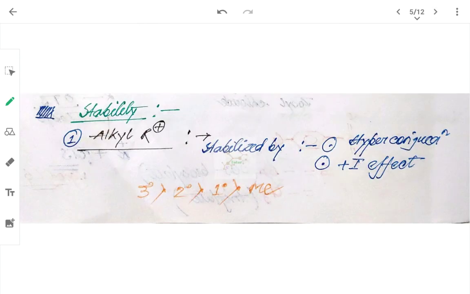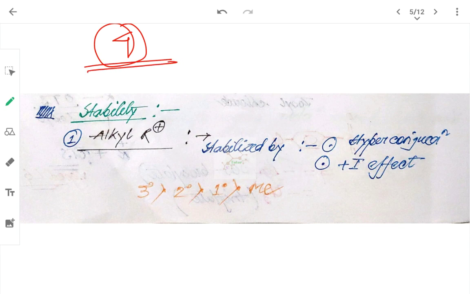Now, the stability of the carbocation. The stability of the carbocation is influenced by four factors. How many? Four factors.